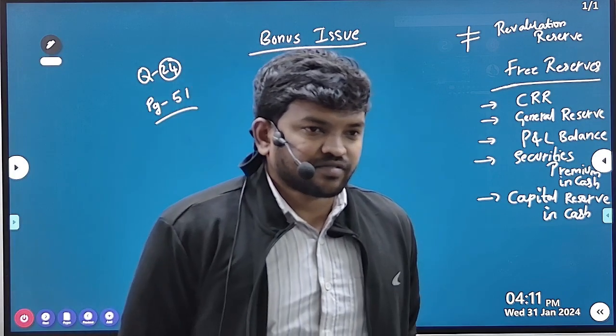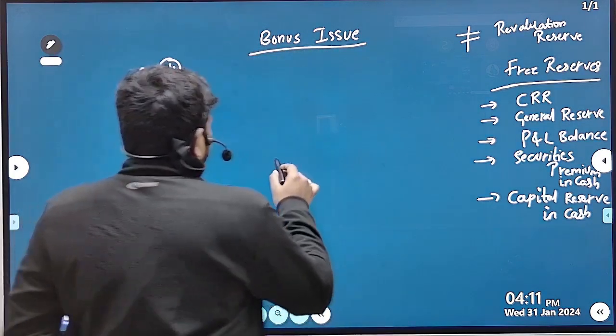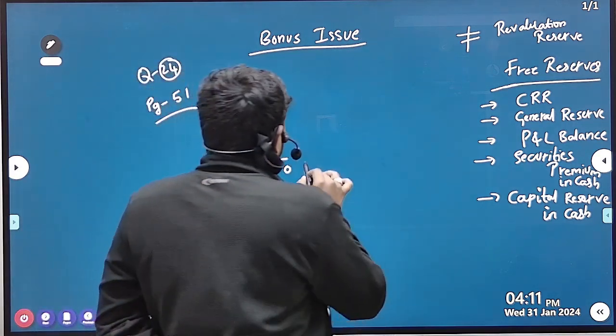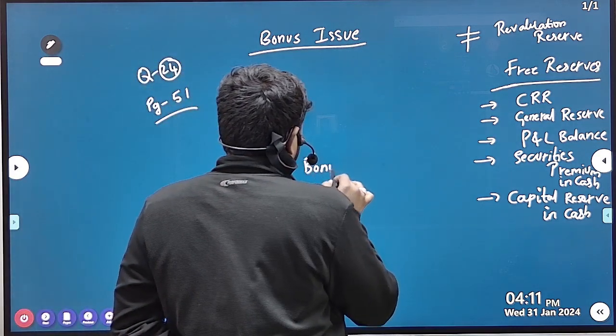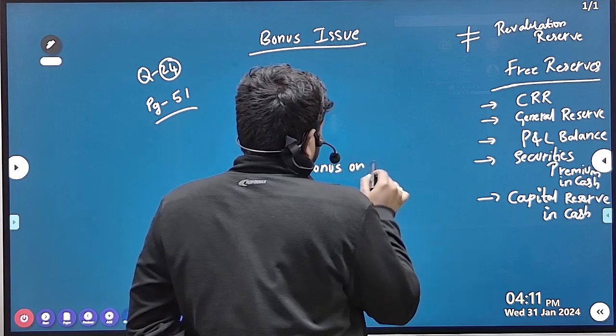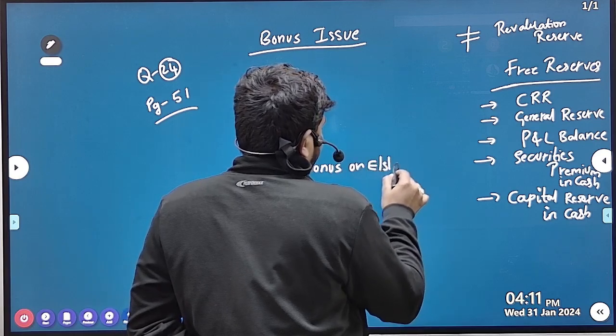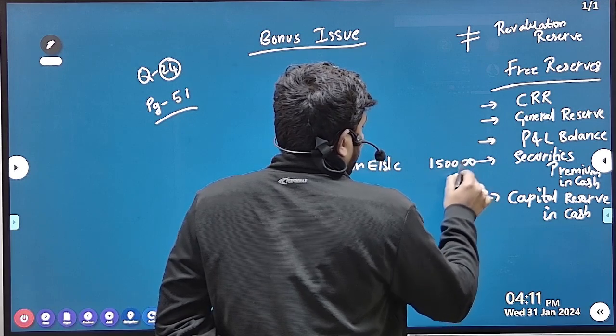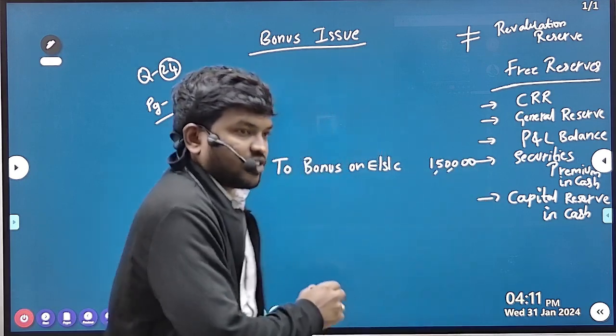Yes or no? The bonus has to be given to equity shareholders. To bonus on equity share capital. What is the amount? 1,50,000. Yes or no?